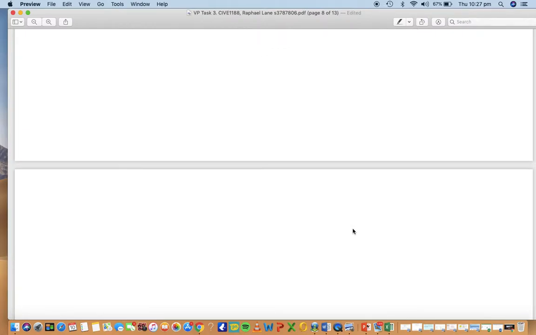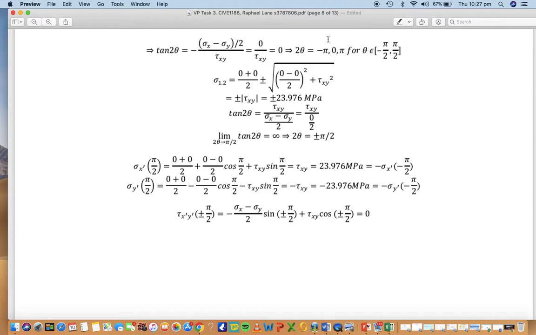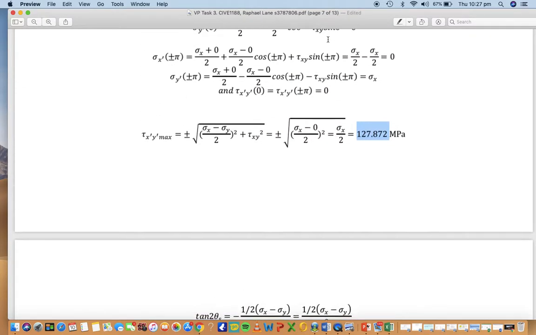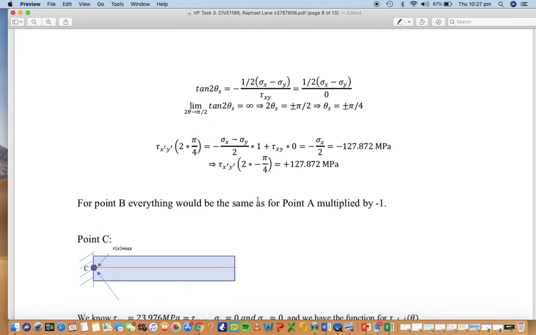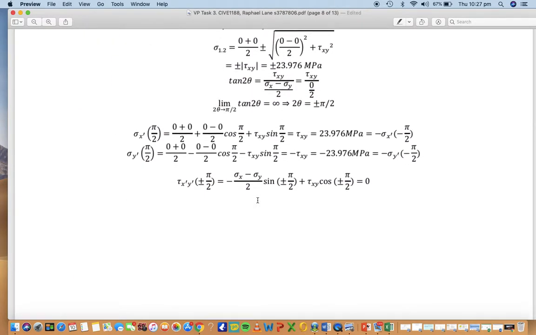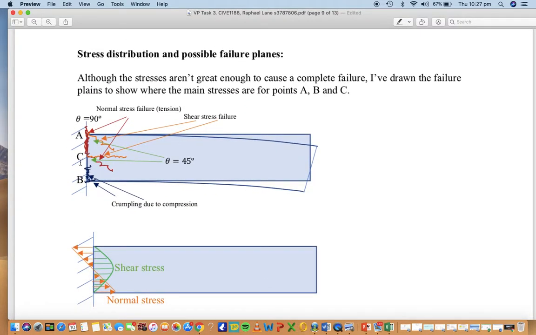And then referencing all of this information and having put those theta values back into the functions, I was able to make a guess at the failure planes, and I've drawn them on here.